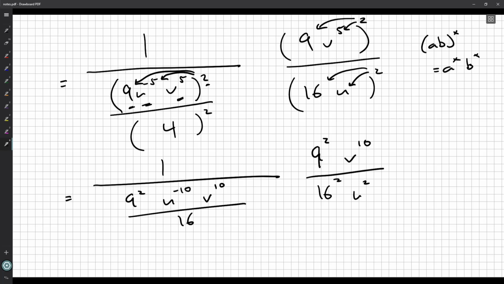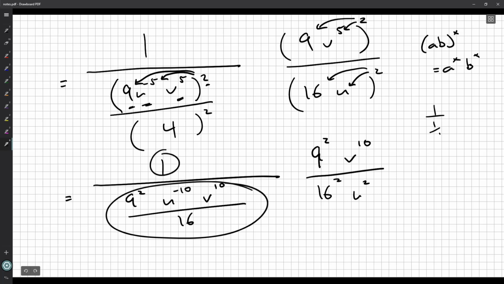So what else could we do here? I definitely see a lot of v to the 10s and powers of u. I want to start combining these. I also notice I've got 1 over a fraction. So we could use that little shortcut that I mentioned. I've even, I believe, mentioned this in a lesson: 1 over a fraction, you just flip the fraction. That's sort of an unspoken real number property.